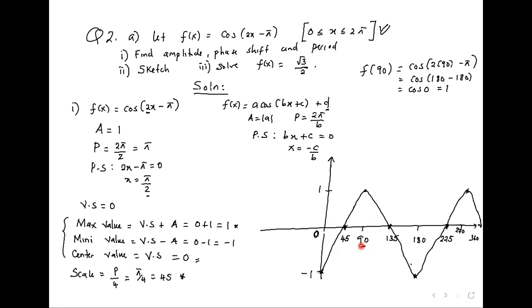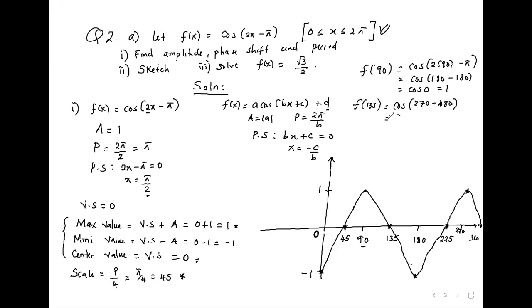Sir, when you replace 135 in that same equation, it can give you 0. Let's try. What is f of 135? It's cos of 135 times 2, that's 270. 270 minus 90, which is 180.